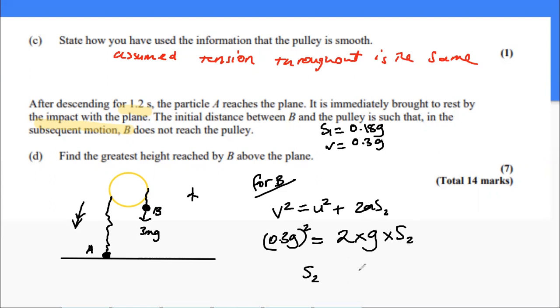So rearrange this and make S2 the subject, and this is what I get. So the greatest height reached by B is therefore going to be, I'm going to call that big S, okay?